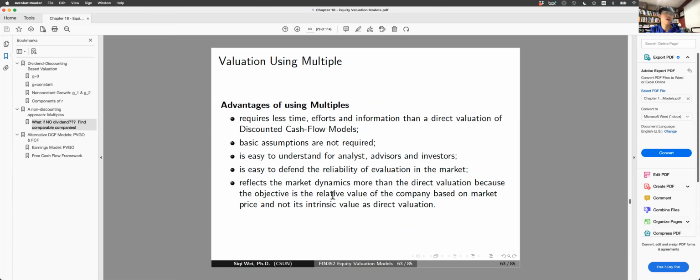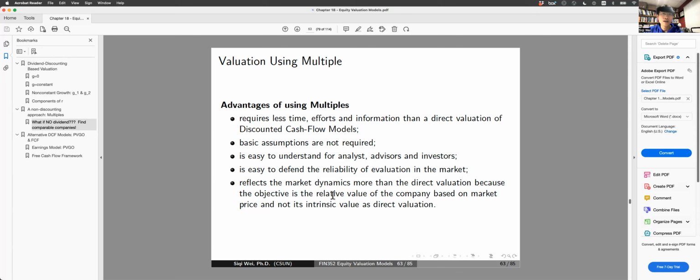It's low cost, and you don't need to make assumptions about dividend payout. So this really can generalize the adoption scope of the model. I think that's the primary reason why industry people really love using this approach.